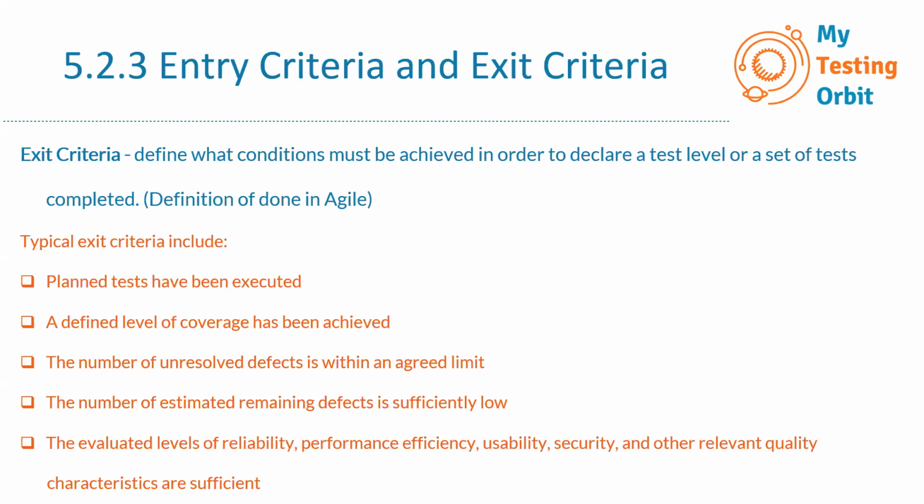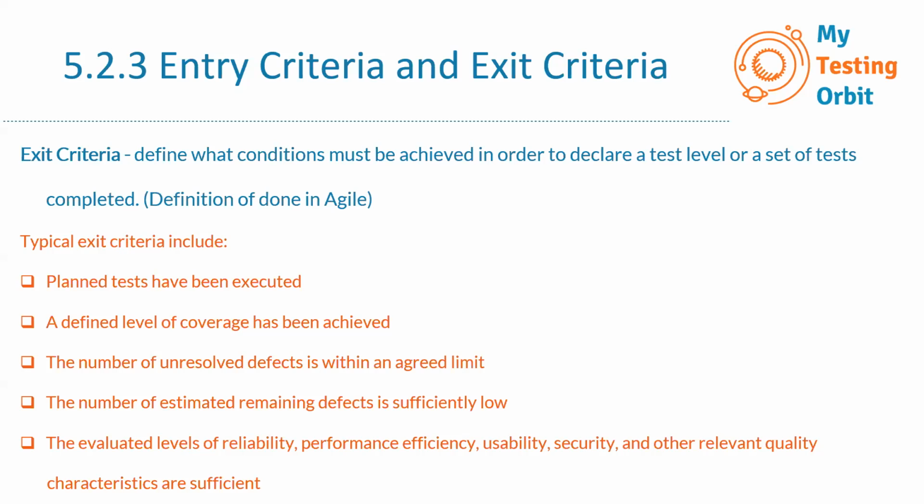Planned tests have been executed. Whatever tests you have planned and designed, the aim should be that you are able to execute those tests. The next one is that a defined level of coverage has been achieved.